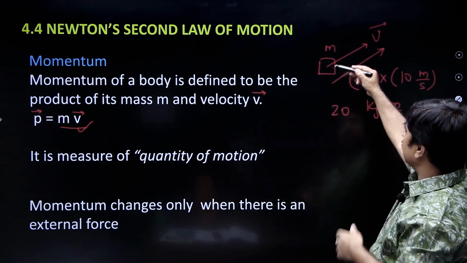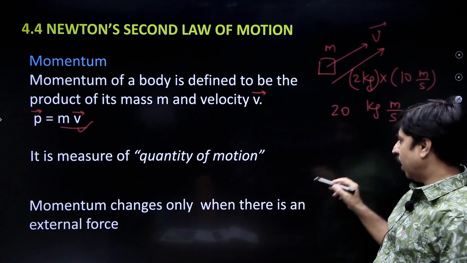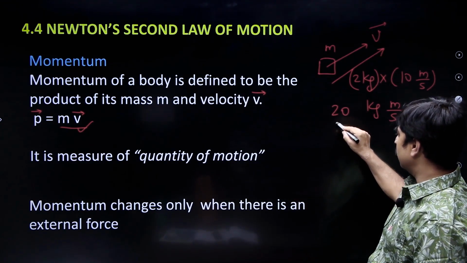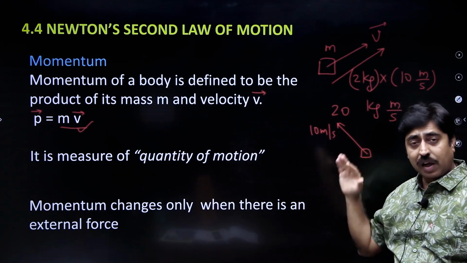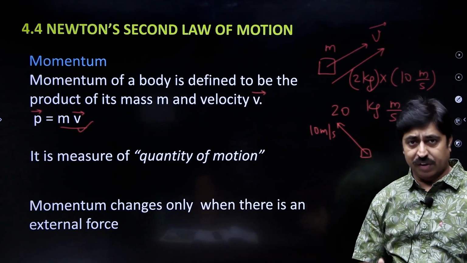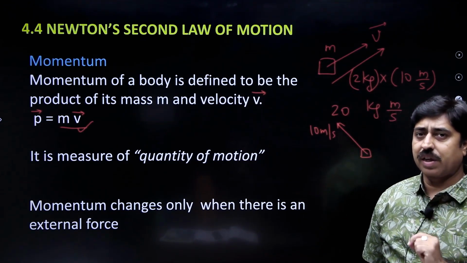If this body is moving with a velocity of 10 meter per second in this direction, and after some time I find that the same body is moving with a velocity of 10 meter per second in some other direction, then has the velocity changed? Answer is yes. It is a vector quantity. If the direction has changed, the velocity has changed.